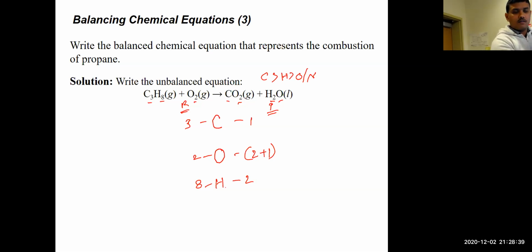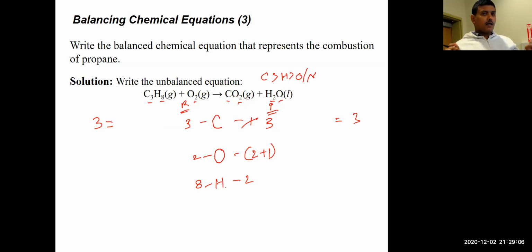Currently the coefficient in front of CO2 is only 1. So I'm going to cross it and say that there should actually be 3 in front of it. When I say that, I can confirm that there are 3 carbons on both sides. That's matching. I just made sure that on both sides there are 3 carbons.